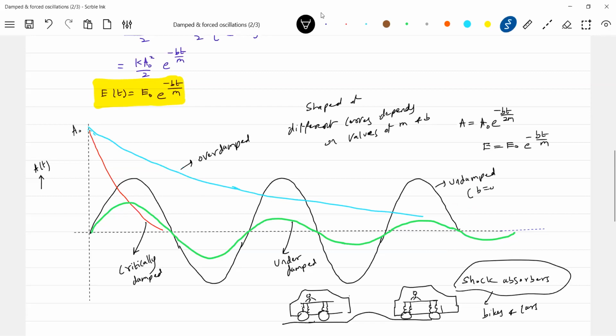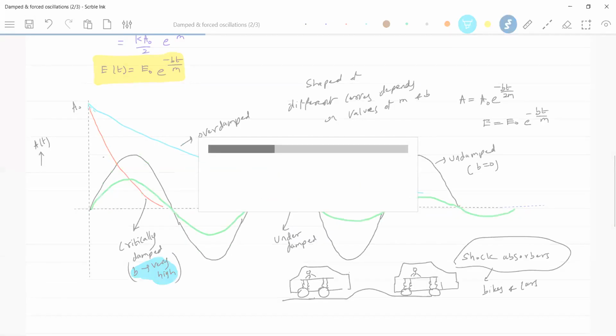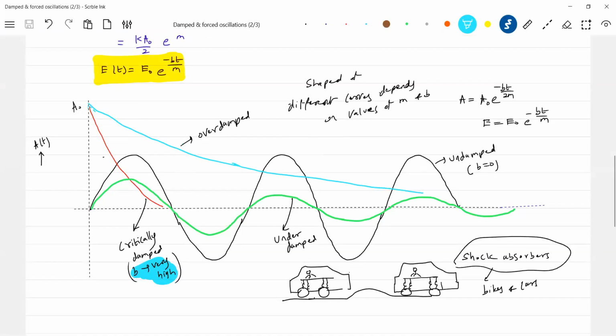What do you mean by undamped? b is 0. For the red color one, the value of b is very high. Getting the idea? So this is the meaning of these curves that students have to understand here. Okay, fine. This is just some theoretical information.